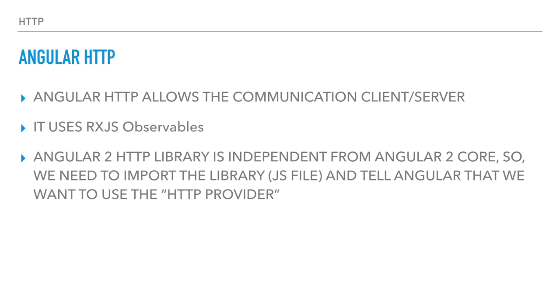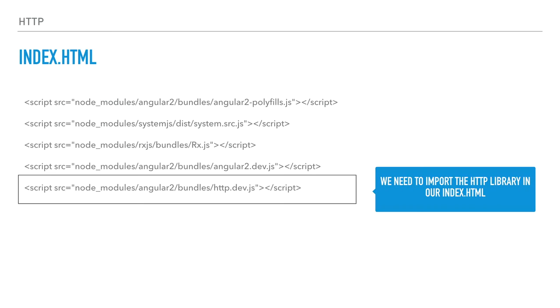So how do you do that? Basically, in the index.html, you have to write a typical script for getting a JavaScript file, and it will look something like this, depending on where your HTTP Angular files are hosted. But just remember to import the HTTP, okay?